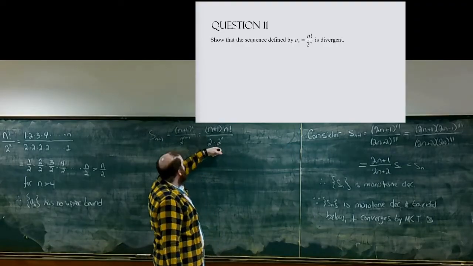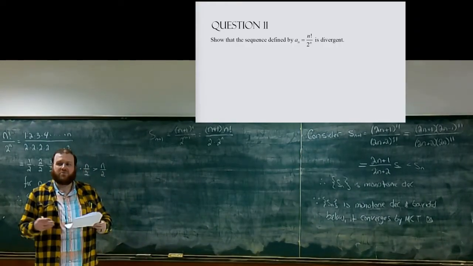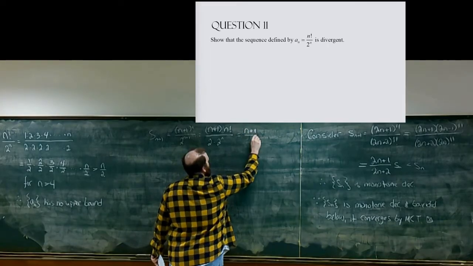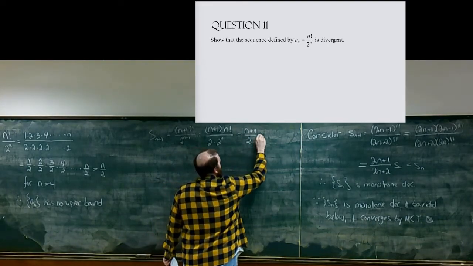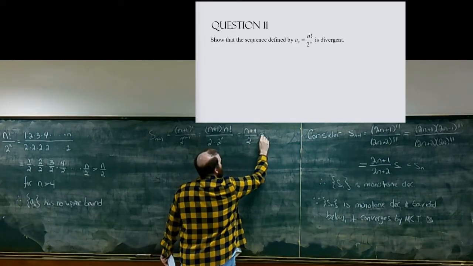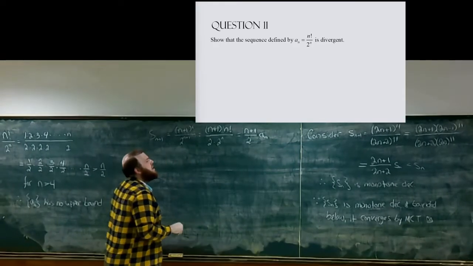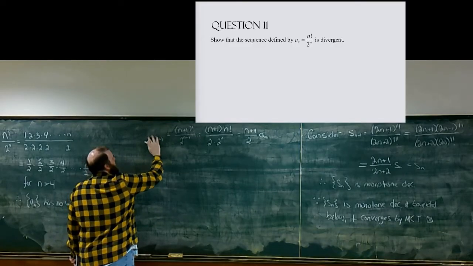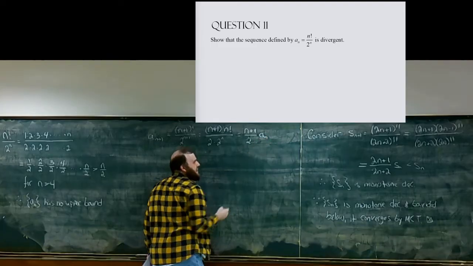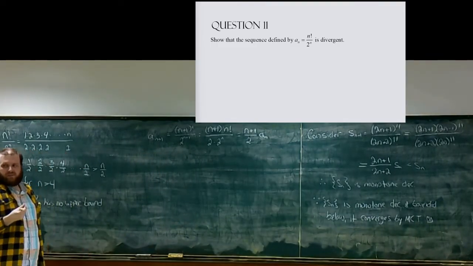So n plus 1 times n factorial over 2 times 2 to the n, right? That's how that would simplify. But this is going to be, why did I do s? Should be a. But the n factorial over 2 to the n, that's a sub n.